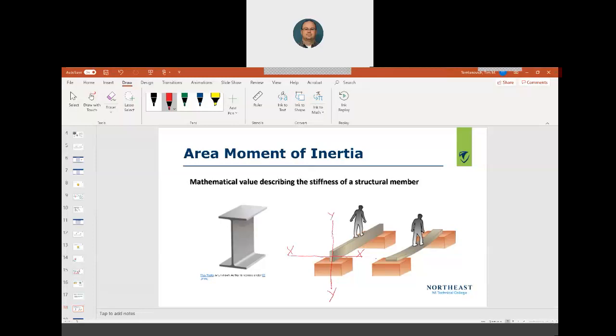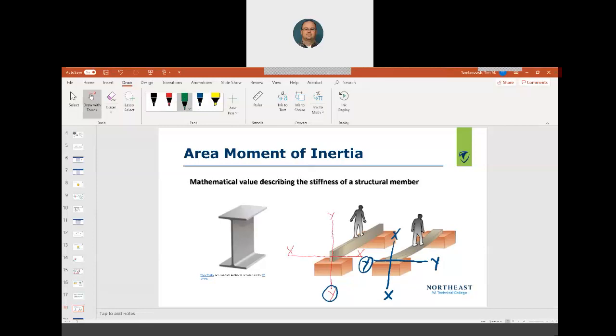Now if I just rotate this board over here, this is YY. So basically this YY and this YY are equivalent. I just rotated the board.